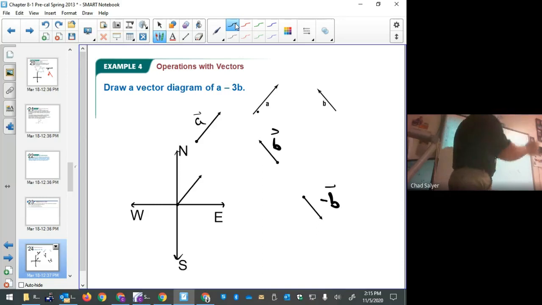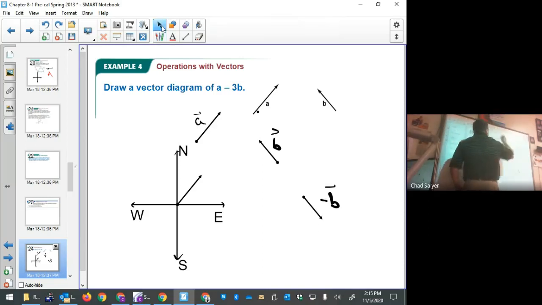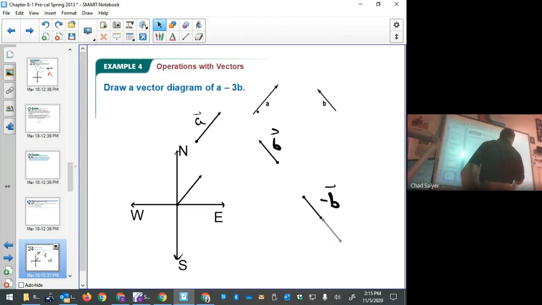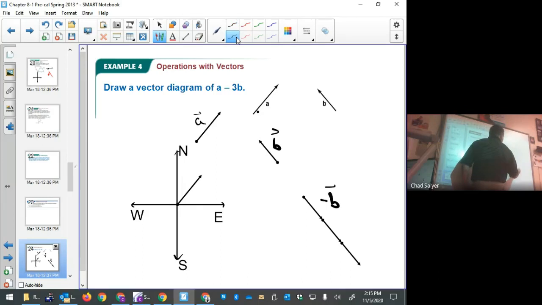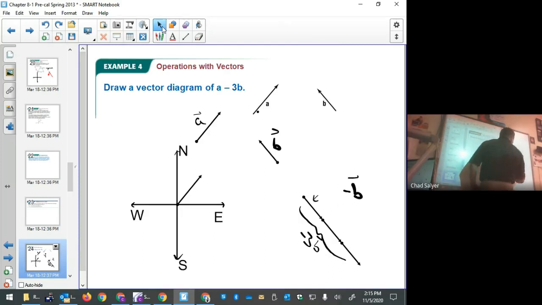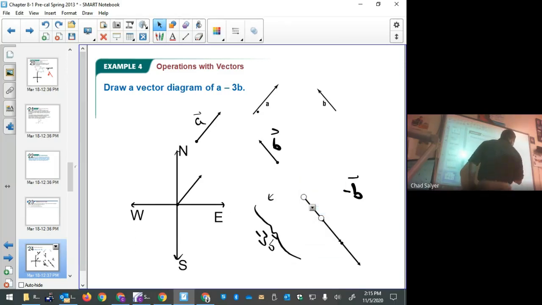And I want 3 times that, so if I do it like this, then the whole thing is -3 times vector B. And if I attach those 3 things, actually I need to undo my cloner here first.